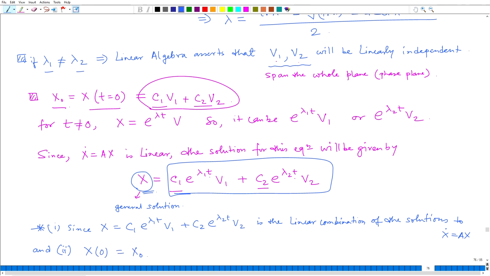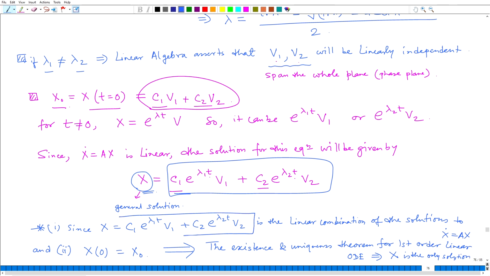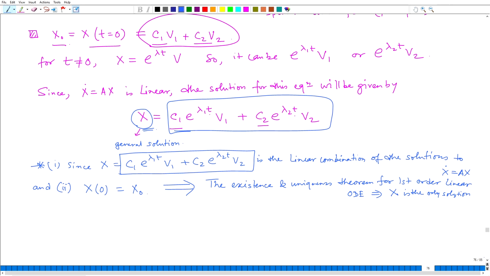Then the existence and uniqueness theorem for first order linear ODEs says that x is the only solution. X means this form, and this is mathematically quite interesting.